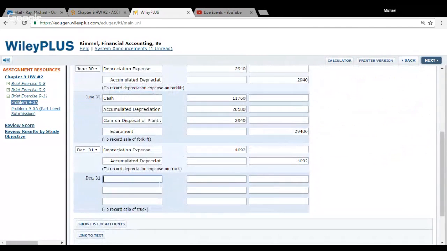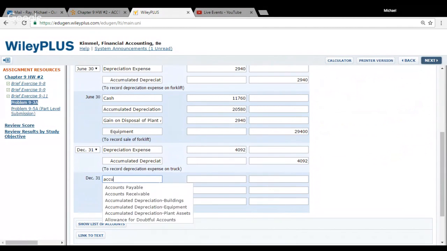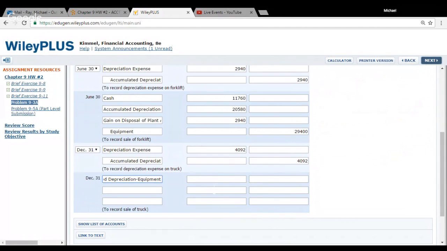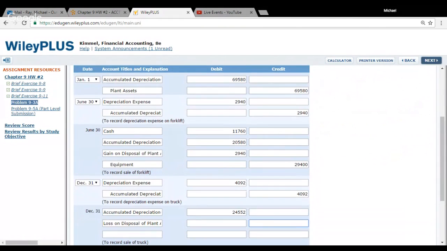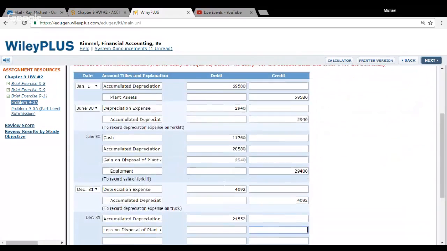So on December 31st, we're going to credit the accumulated depreciation on the equipment of 24,552, and then we're going to do loss on disposal of plant assets. Like I said, the accumulated depreciation was for the full 6 years. So 6 times 4,092 is what gave us that 24,552.